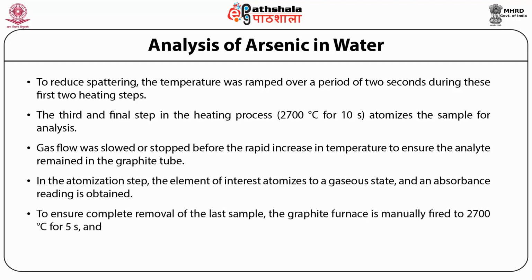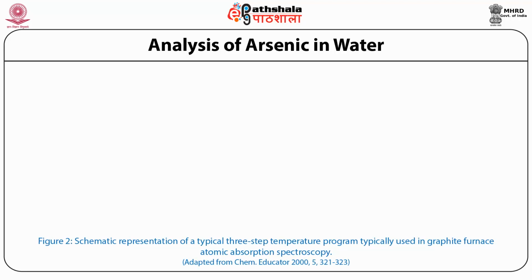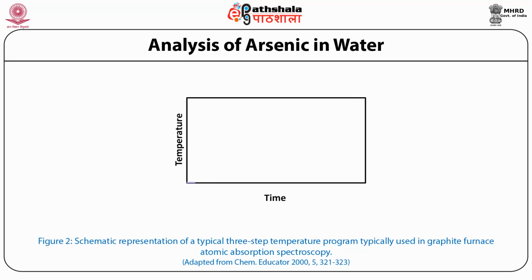To ensure complete removal of the last sample, the graphite furnace is manually fired to 2700 degrees centigrade for 5 seconds, and a blank is run to zero the instrument before running the next sample. This slide shows the schematic representation of the 3-step temperature program.